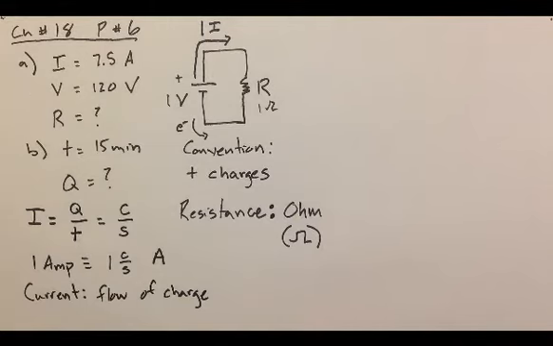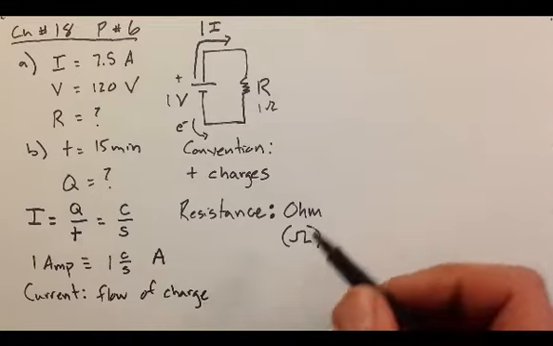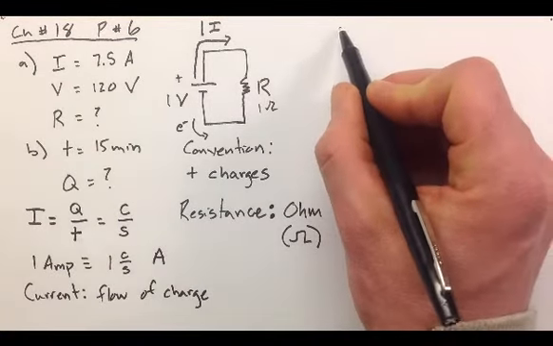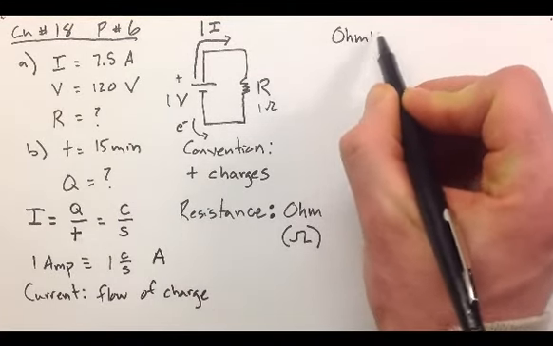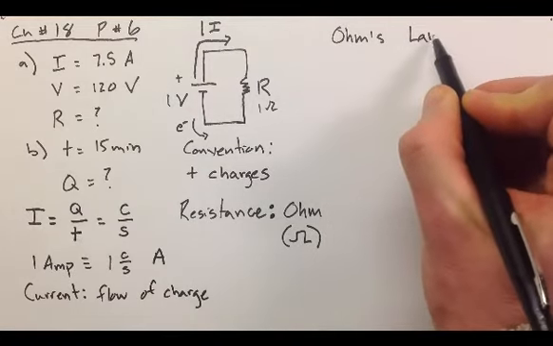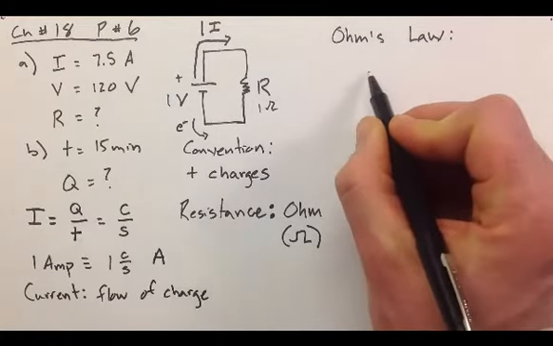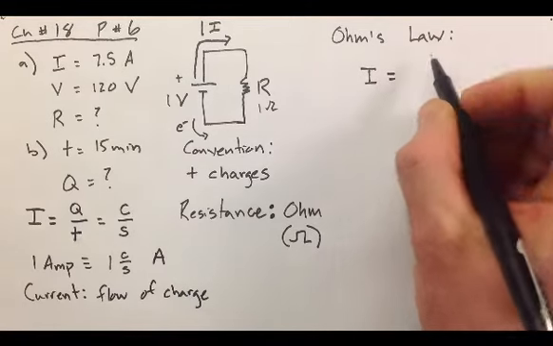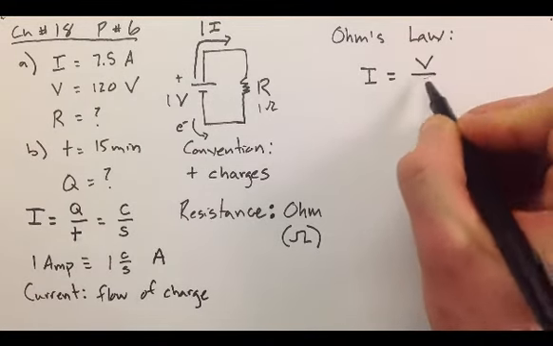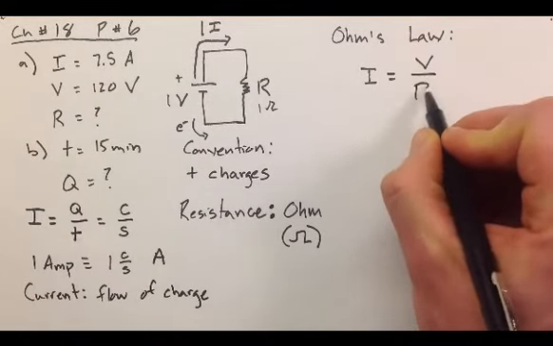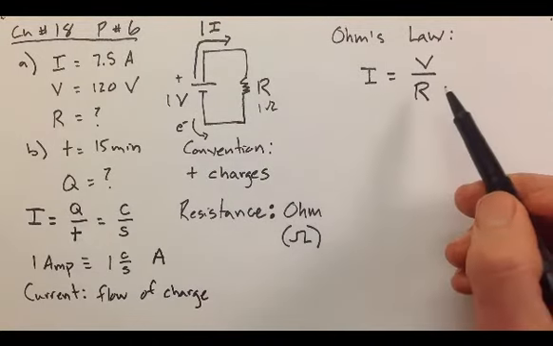And what I just described to you is known as Ohm's law, which states that the current in a circuit is directly proportional to the voltage and inversely proportional to the resistance.